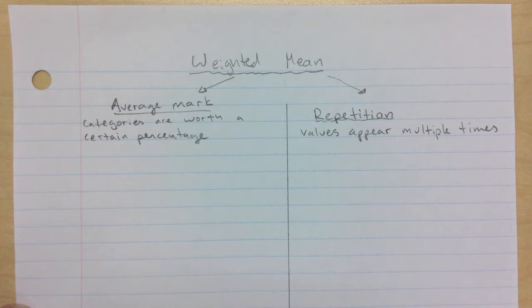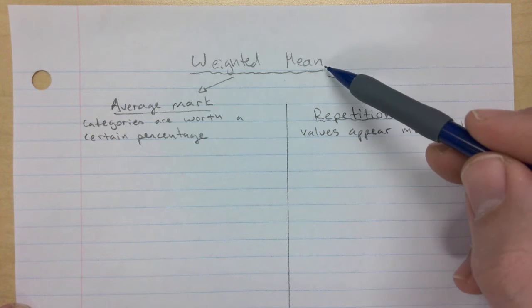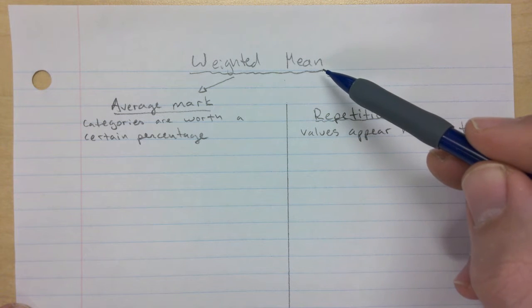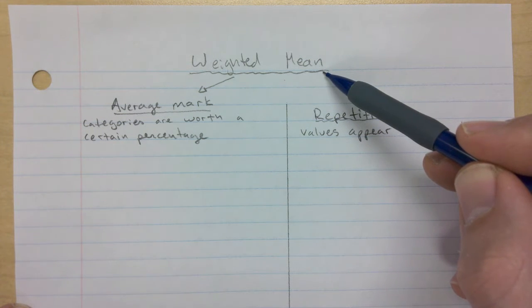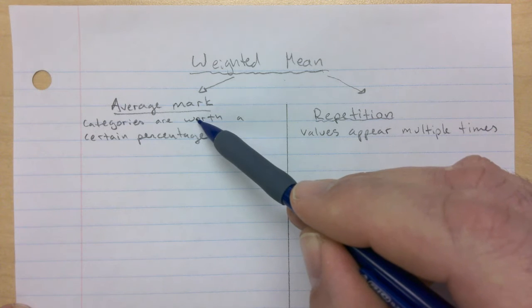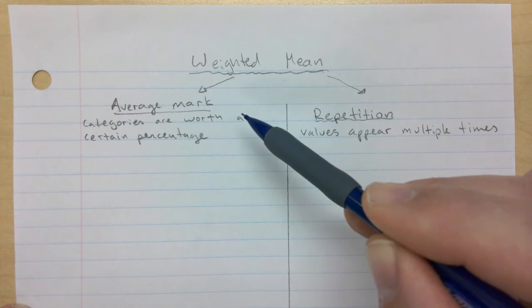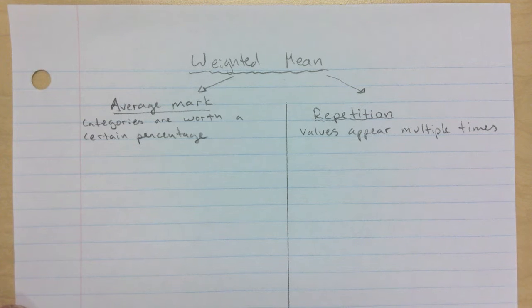In a sense, none of these are going to be brand new to you. But when the question asks you to calculate the weighted mean, you've got your average mark scenario or repetition, so you're going to have to decide which one it is.